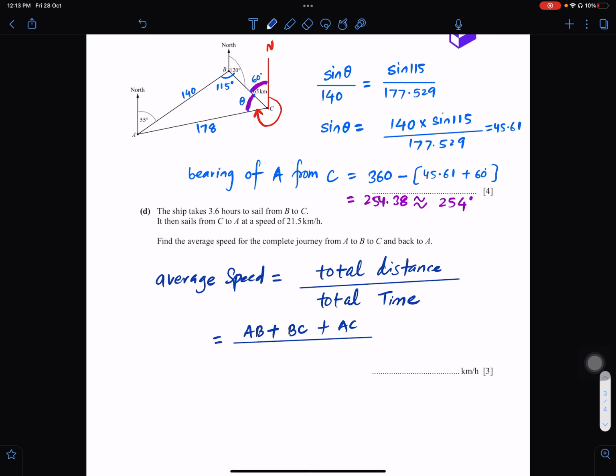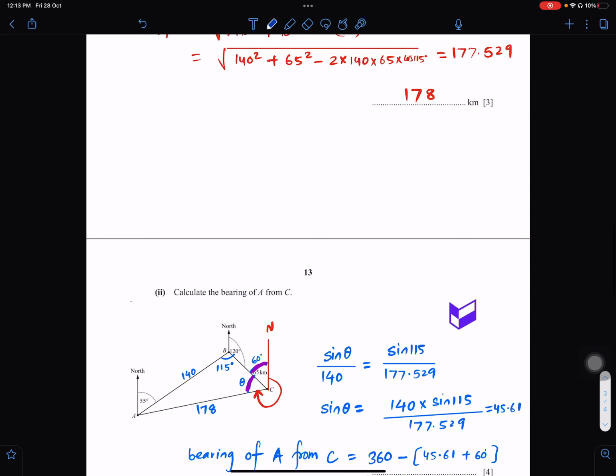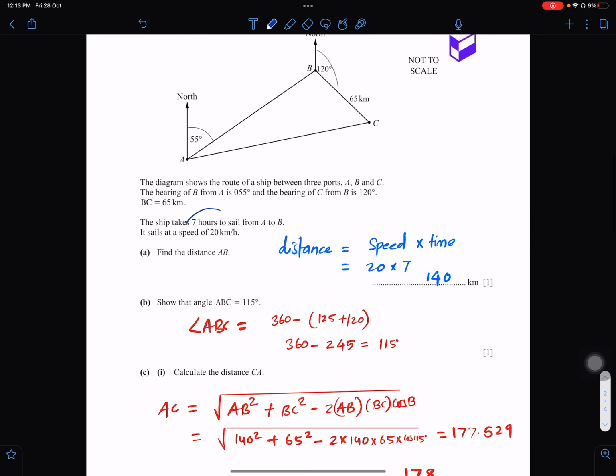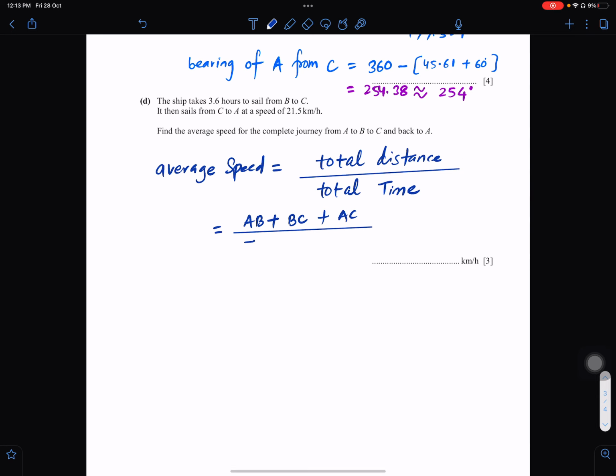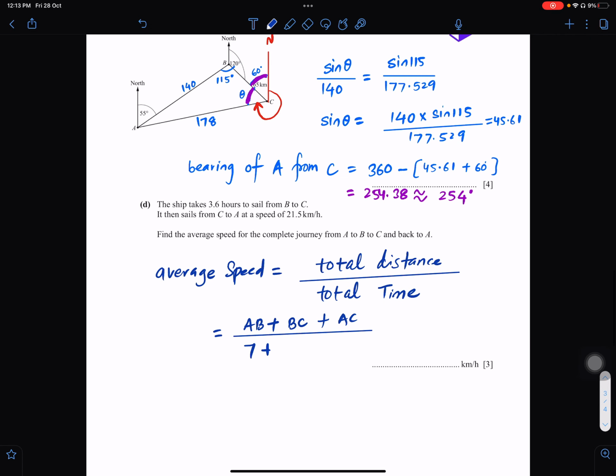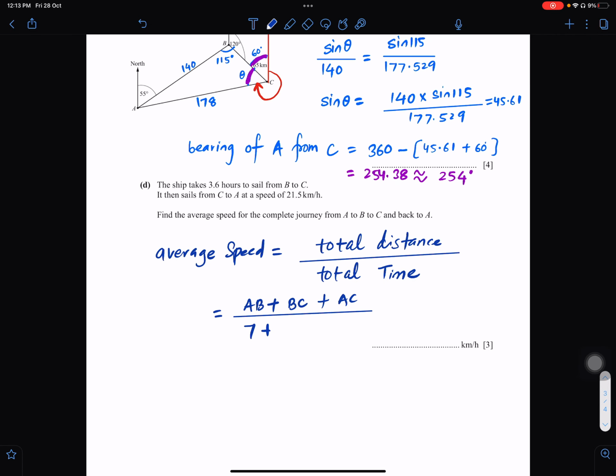The time taken from A to B, that was given earlier in the question, was 7 hours. So that is 7 hours plus the time taken to cover BC, which is 3.6 hours. That's also given.